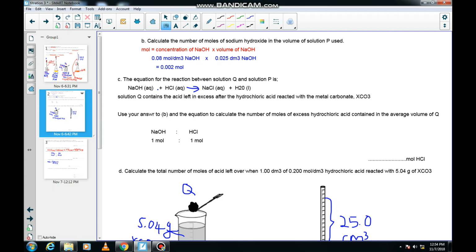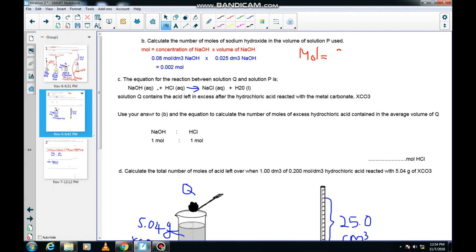We are now asked to calculate the number of moles of sodium hydroxide in the volume of solution P that is used. Let me quickly remind you of the three formulae that we normally use when we deal with moles.